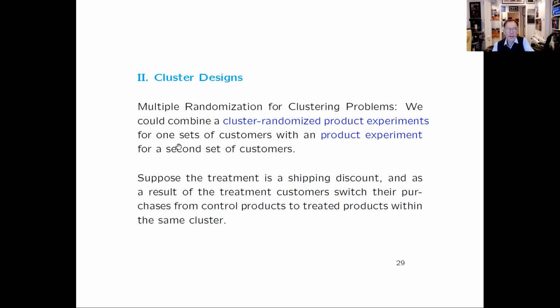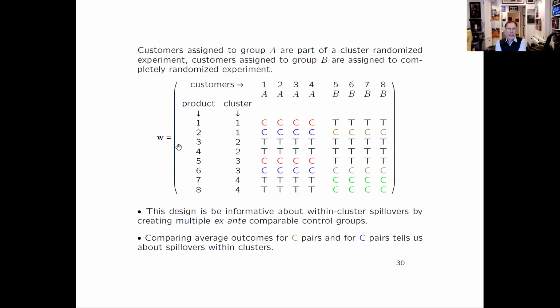Here we divide the customers into 2 groups, A and B. For the customers in group A, we do a cluster randomized experiment where the products are partitioned in clusters.